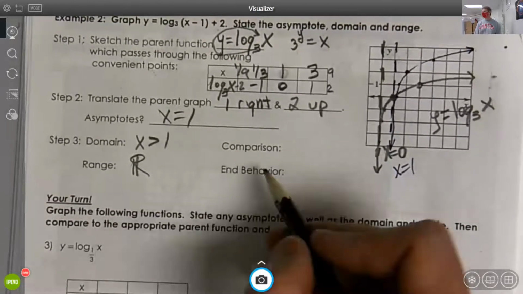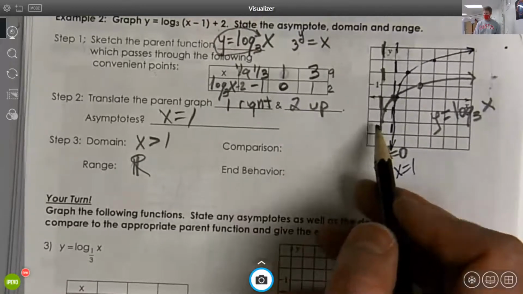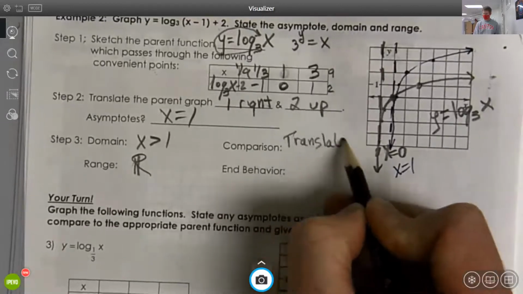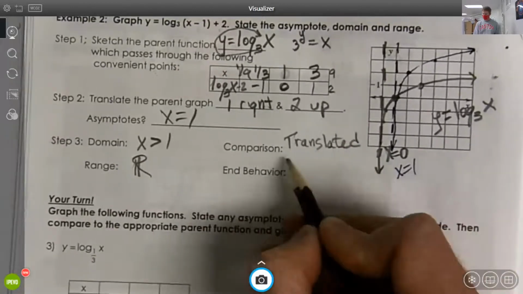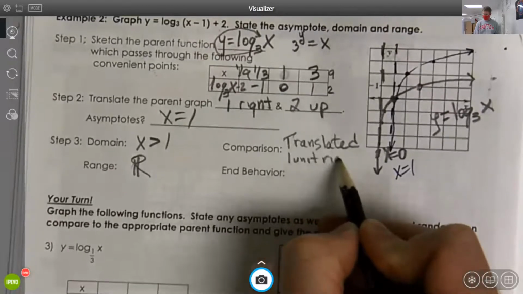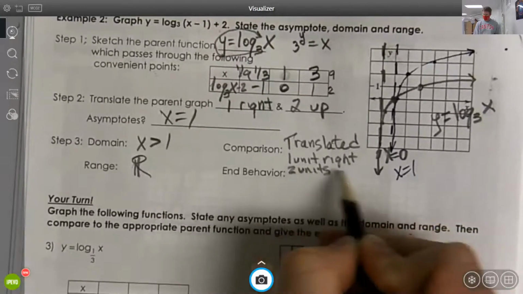We do have a comparison with this one. We're comparing it to the parent function. We translated 1 unit right, 2 units up.